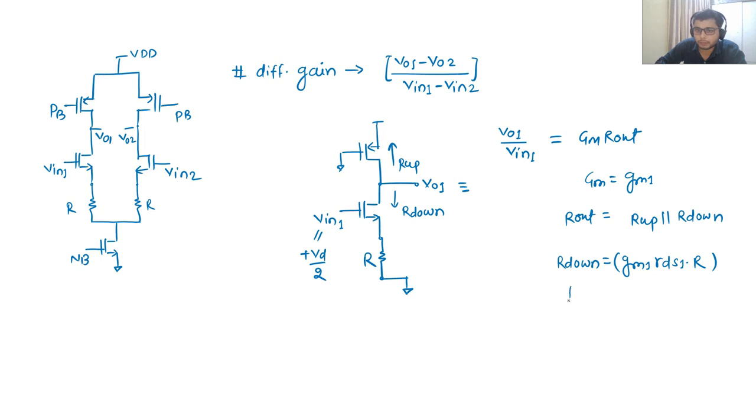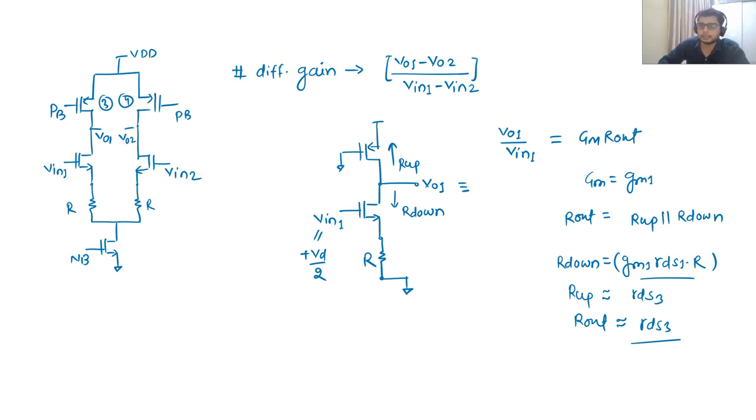And what is R up? R up is approximately equal to RDS of, let this device call 3, this call 4. So R up is RDS of 3. So R out is nearly equal to RDS 3, because parallel of RDS 3 and this big quantity is nearly RDS 3.